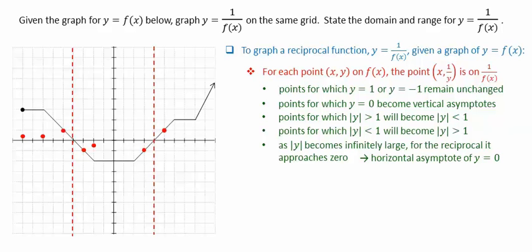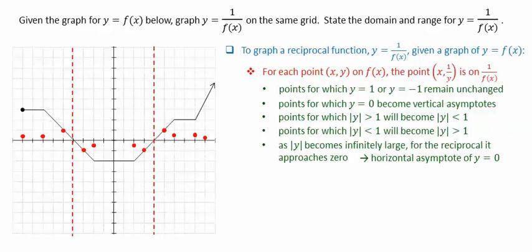2, comma negative 2 becomes 2, comma negative 1/2. The point 6, comma 2 becomes the point 6, comma 1/2. 8, comma 2 becomes 8, comma 1/2.